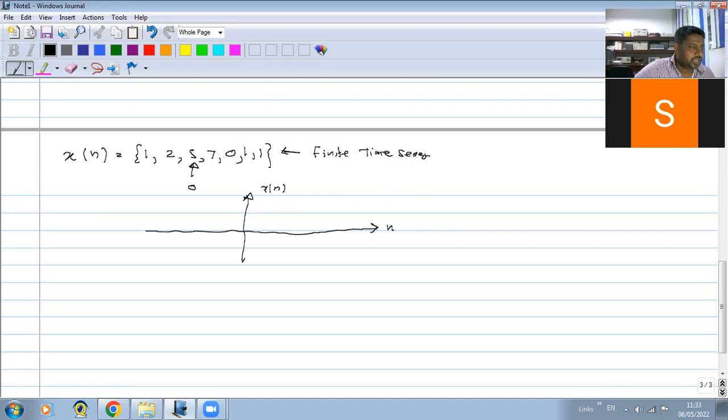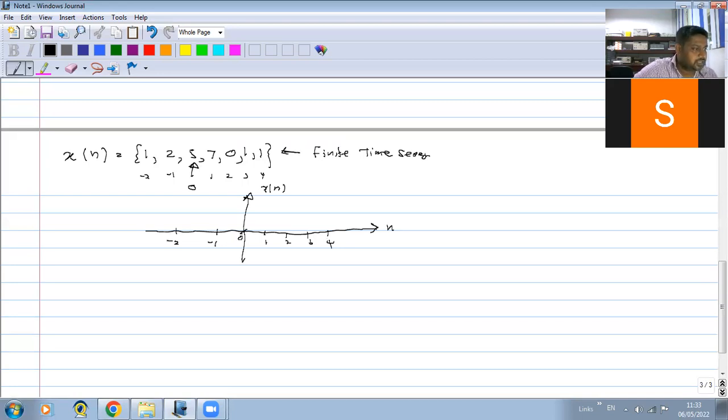So we have the 0 sample, and this is -1, and this is -2. This is +1, 2, 3, 4. So we have -1, -2 samples, and we have 1, 2, 3, 4 samples. So we have 7 samples.